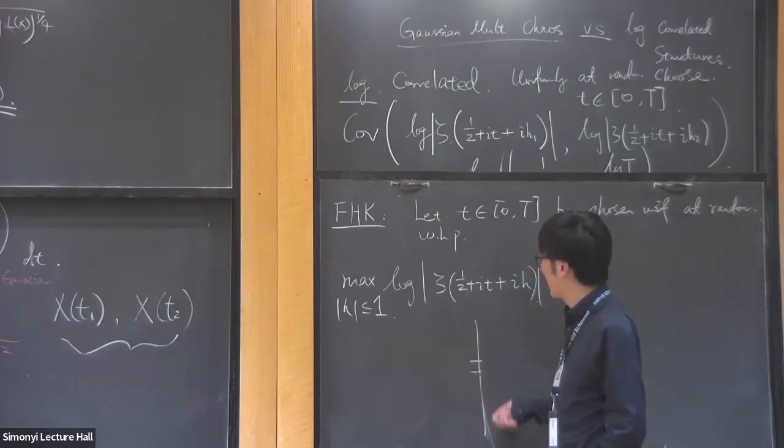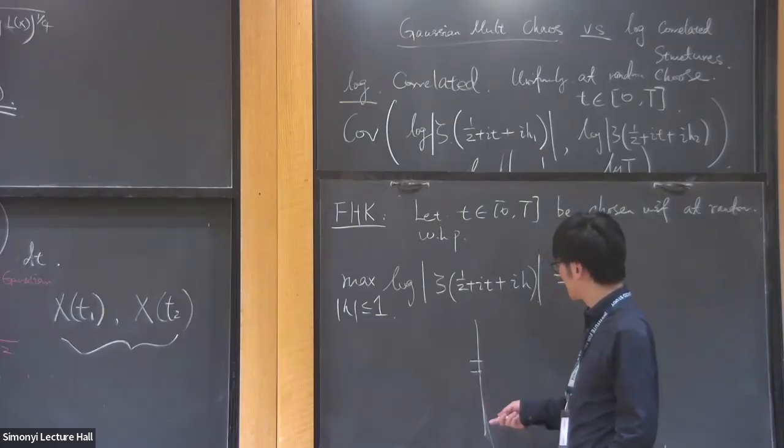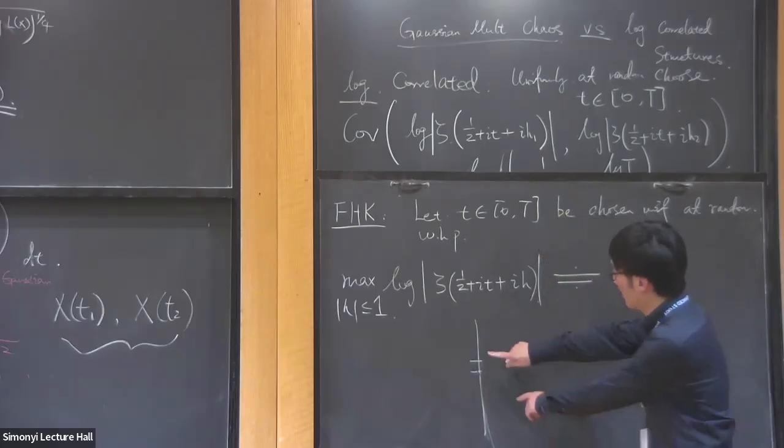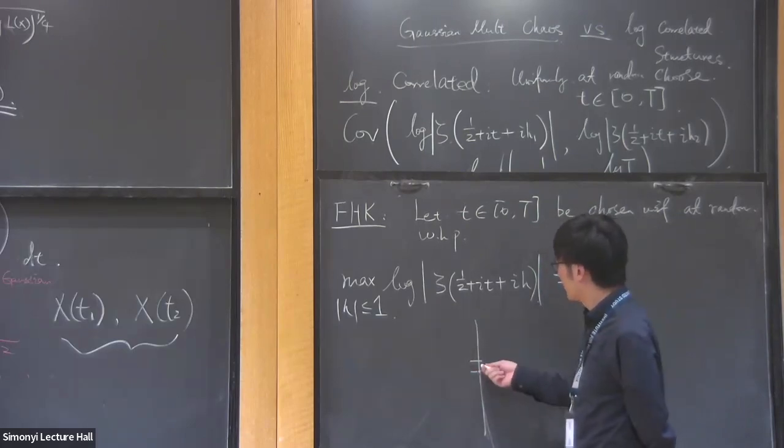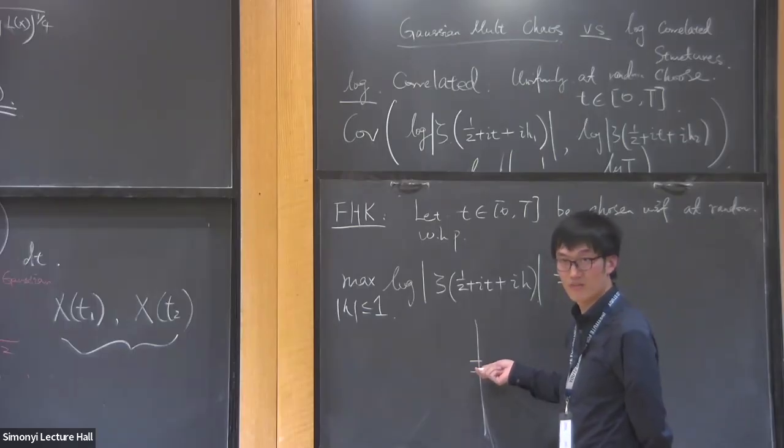Anyway, that's a Gaussian with standard deviation square root of log. So that's the first piece of information you have. The second piece of information, of course, is that the zeros are roughly distributed 1 over log T away from each other.